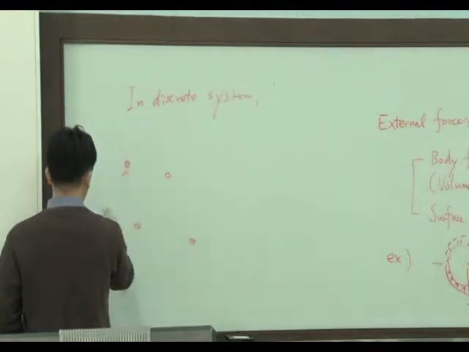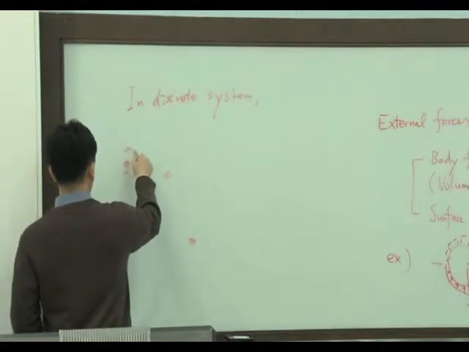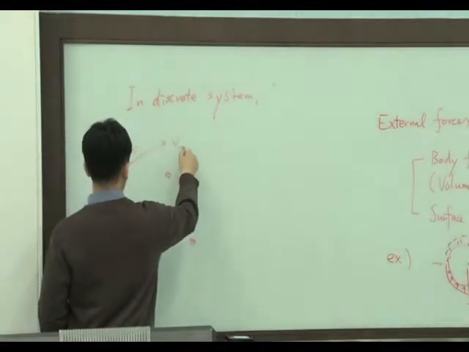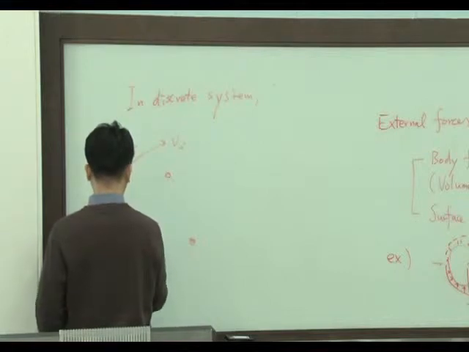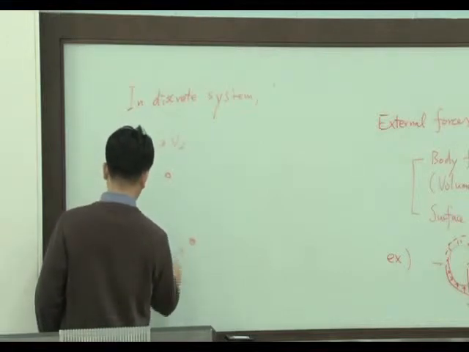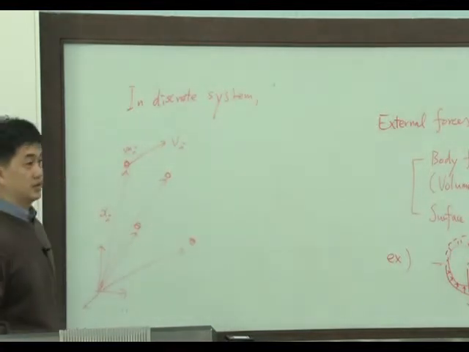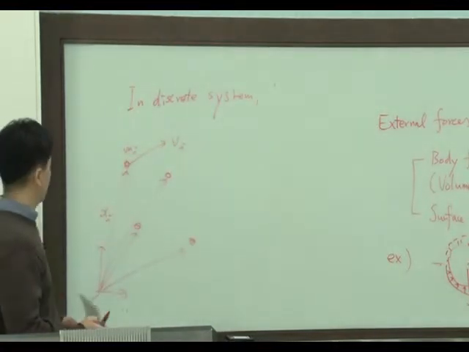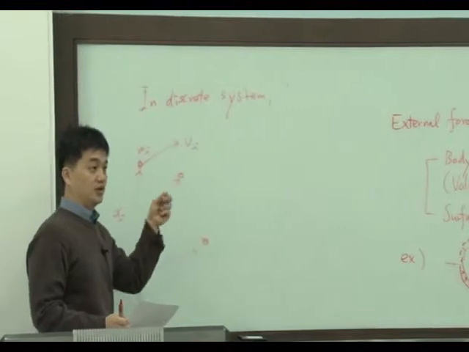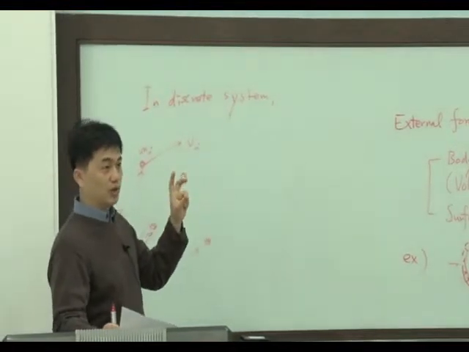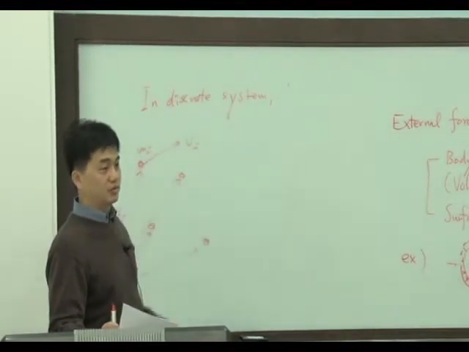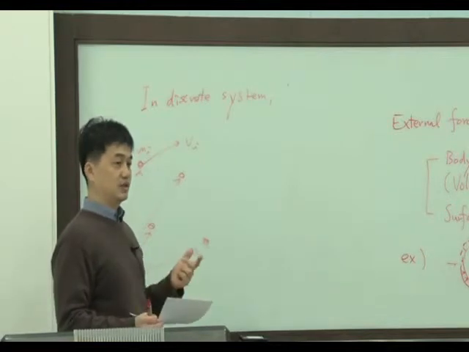This is xi, mi, and this is moving with vi. So we have many particles. This is a discrete system. You can think of these as balls, flying or moving, each of which has a mass.